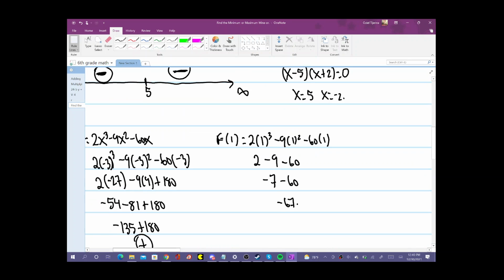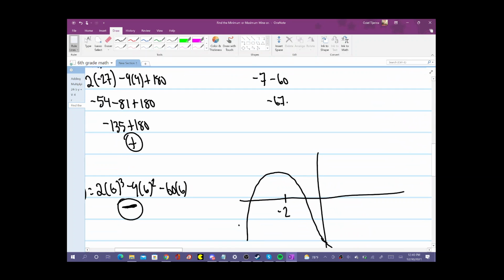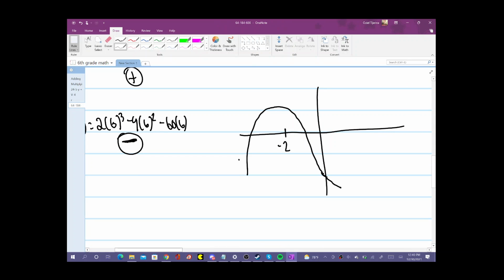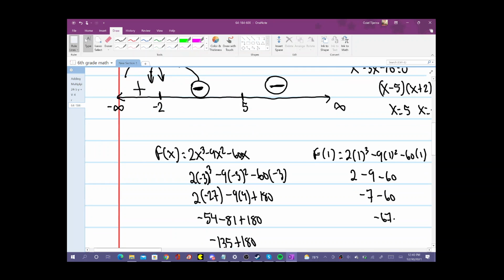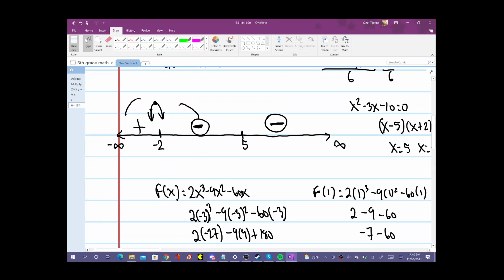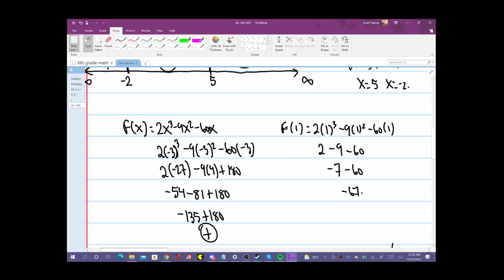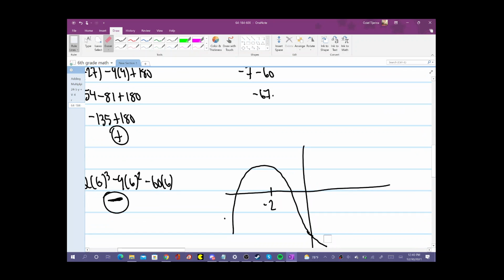At least I think that's how it is. I don't think it goes back up. In fact, I think it goes maybe like this. Hold on.